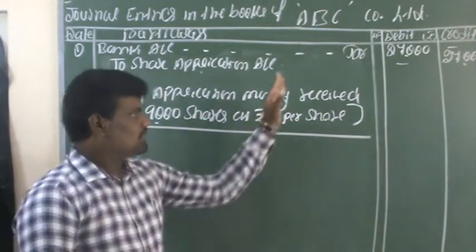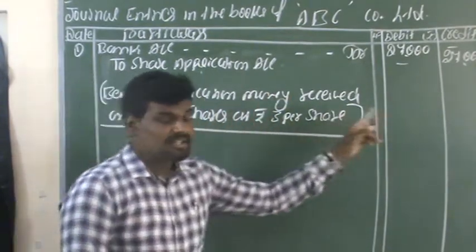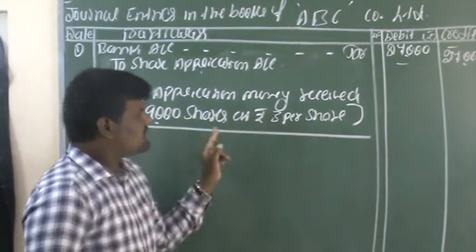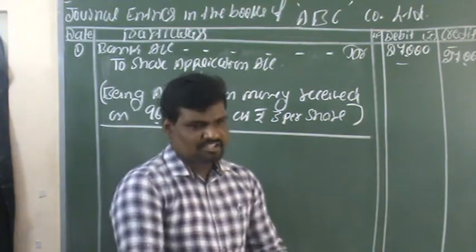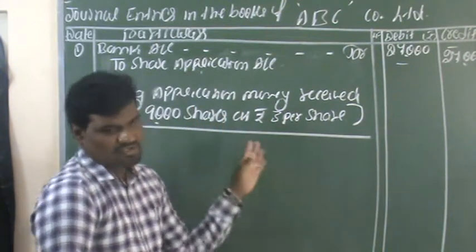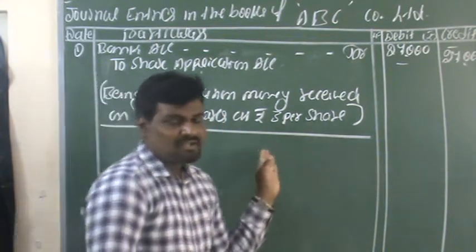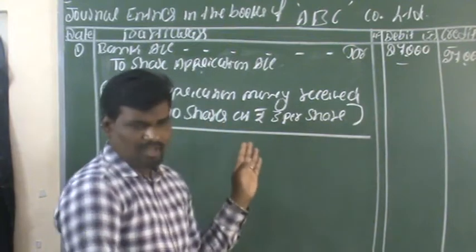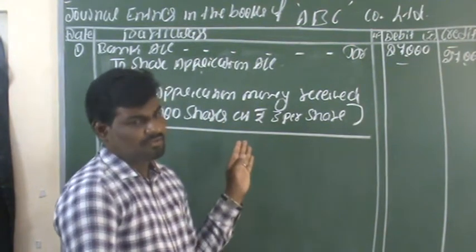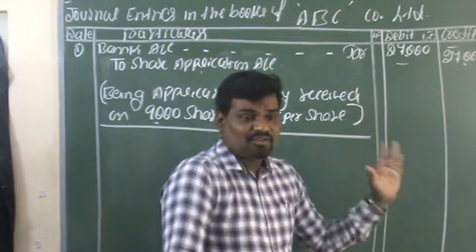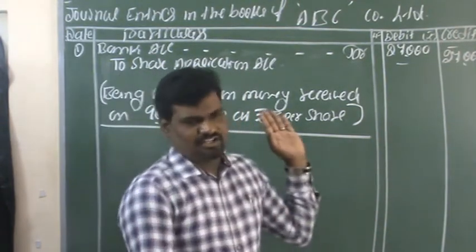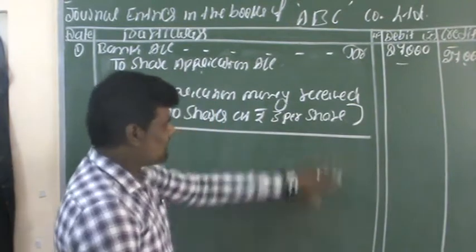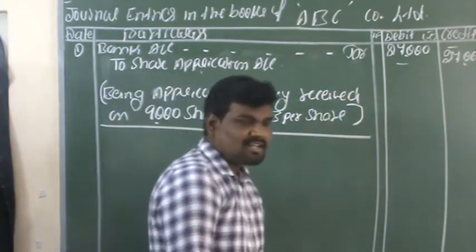This is the narration about the transaction. We are receiving 3 rupees from each share. The total number of shares is 9,000. Only 9,000 shares we are issuing to the public. Actually the company has offered 10,000 but applications were received only for 9,000, right? So we need to take only 9,000 shares for the calculation. This is the first entry for the application money received.